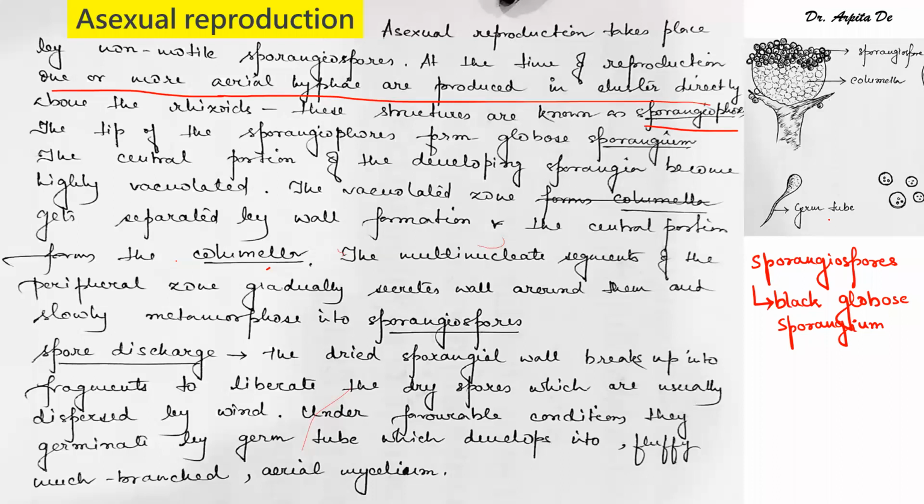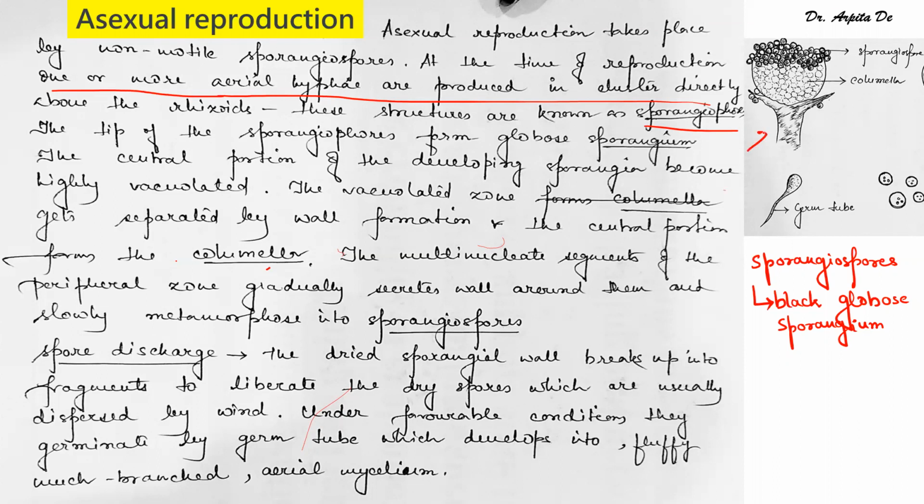Now, when they become mature, the spores get dispersed or discharged. The dried sporangial wall breaks up into fragments to liberate the dry spores, which are usually dispersed by wind.